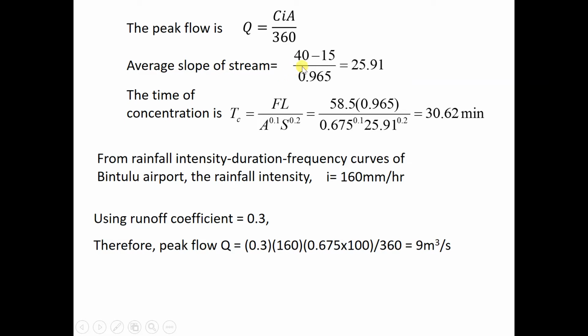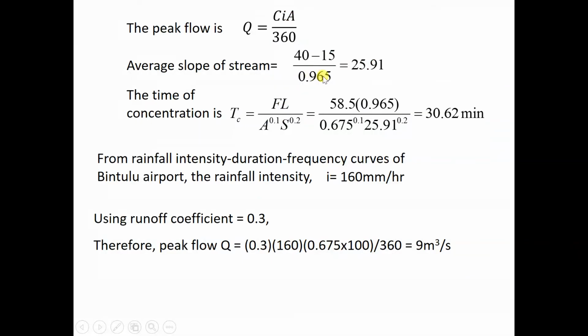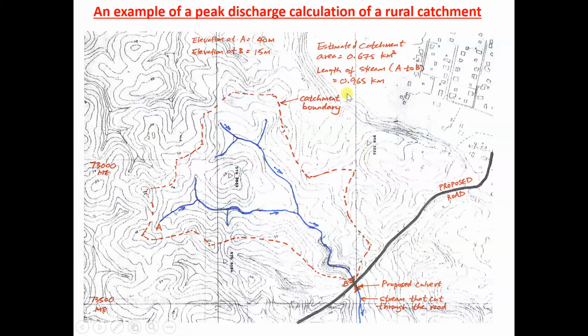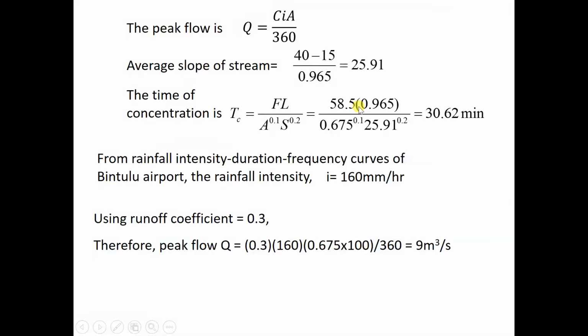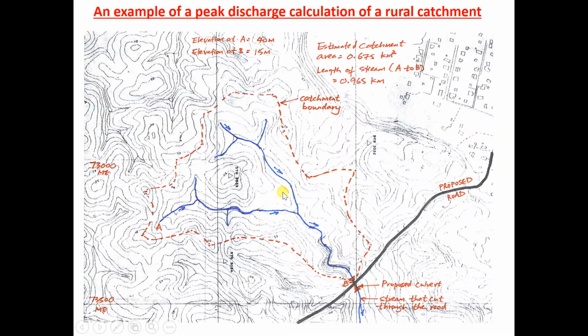In that case, 40 minus 15. Just now we said 40 here and 15 here, and then divide by 0.965, which is the length of the stream. That gives us 25.91, and the unit is actually meter per kilometer. So the mainstream slope is meter per kilometer.